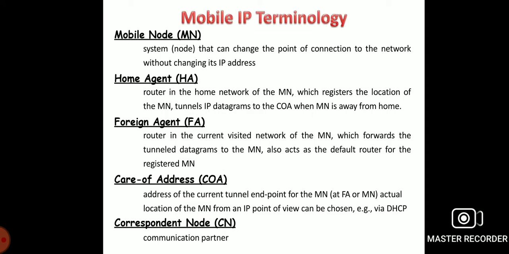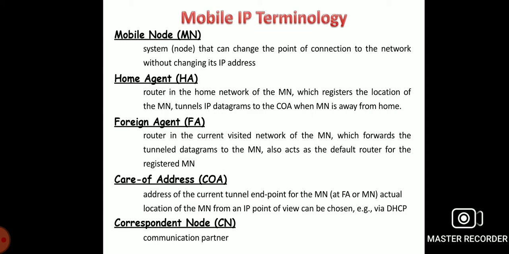And what is a foreign agent? It is the router in the currently visited network of the mobile node, which forwards the tunneled datagram to the mobile node, and also acts as a default router for the registered mobile node. And what is the care of address, COA?